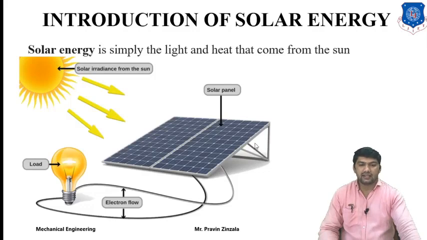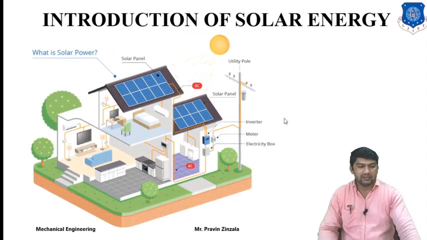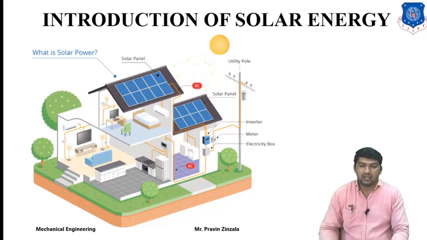Solar constant has different values. For the top of the atmosphere, its value is 1.353 kilowatt per meter square. But generally at Earth's surface, we assume the solar constant is around 1 kilowatt per meter square, meaning per meter square we receive near to 1 kilowatt of energy.